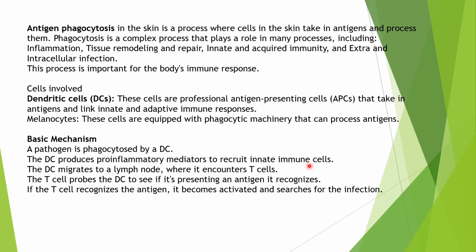It has caught something the cell thinks is toxic or harmful to the body. So now it has to go and give it to somebody who can take care of the situation, who can recognize and confirm that yes, this is antigenic, this is pathogenic.